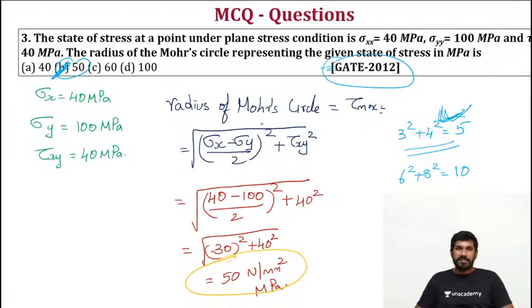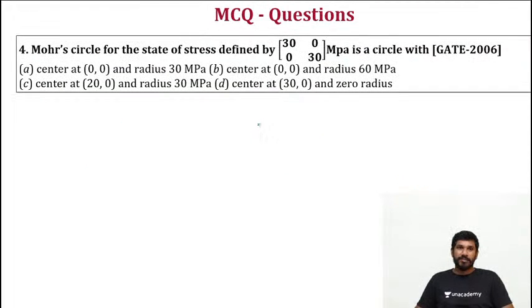Okay, right. So going to the next question. Yes, another super interesting question, where the Mohr circle of the state of stress is given. So these values represent sigma x and sigma y.